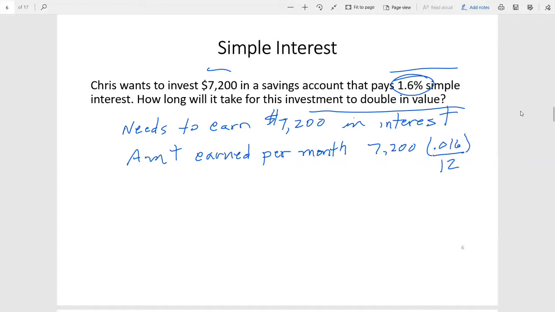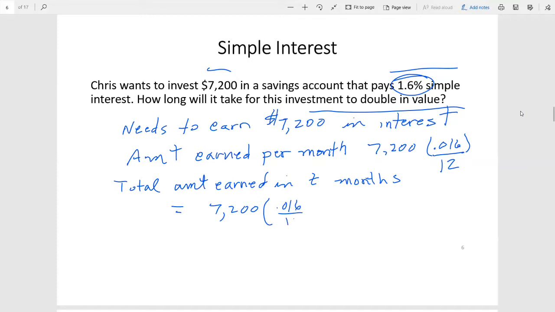So the total amount earned in t months, in other words, we're trying to find out how long he's going to leave it in there in order to double things, will equal principal times the rate, which is 0.016 divided by 12, times the time, and that needs to be equal to $7,200.